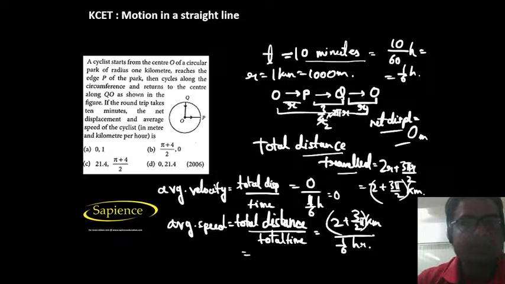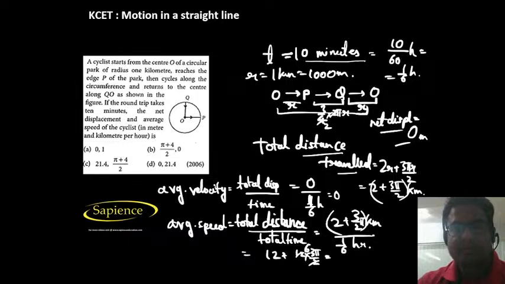Okay, the round trip takes 10 minutes, so that will be 6 per hour. So this will become 6 into this, we have to do. So 6 into 2 is 12, plus 12 into 3 pi by 2. 2 sixes are 12, 18 pi.